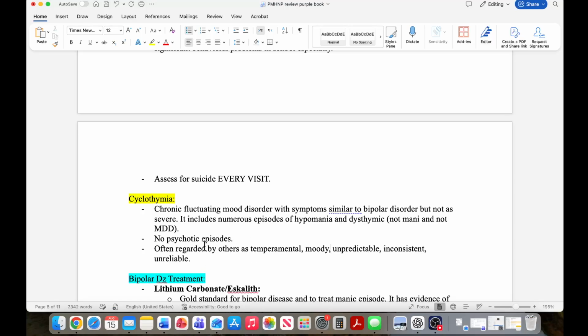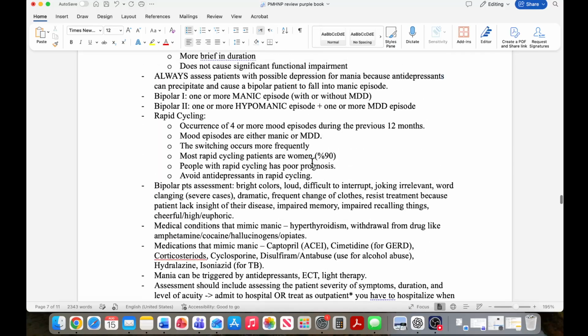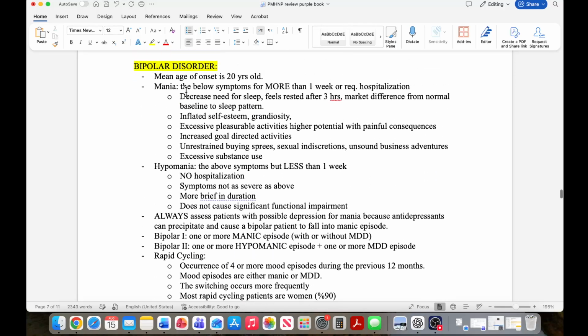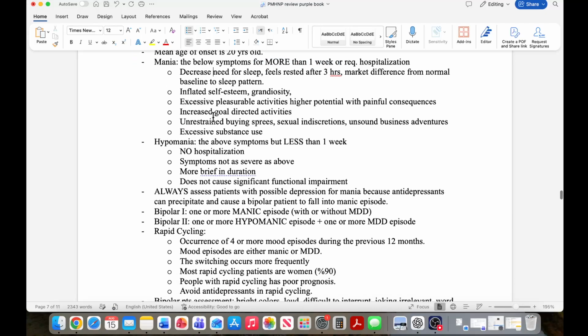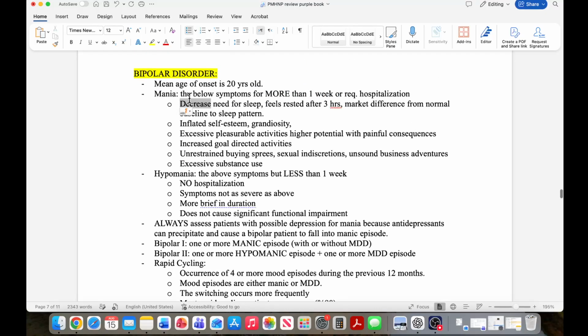Like a lot of his friends call him moody or unpredictable, inconsistent, unreliable. And then they'll throw in some vague hypomanic symptoms and a little bit of whatever. It's just less than 1 week. It can't be more than 1 week, because if it's more than 1 week of manic, that is bipolar 1. That's it.